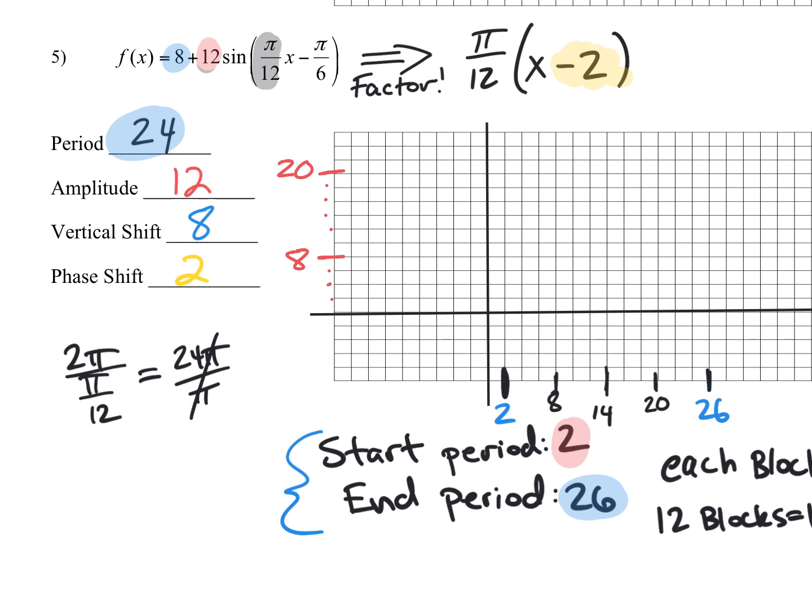And then all the way down to -4, which will be here. I've seen some students go ahead and draw in dotted lines at their maximum and minimum, just to give us some guidelines. And I've also seen people do the same with the midline.